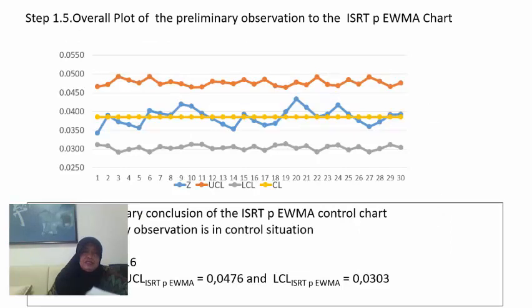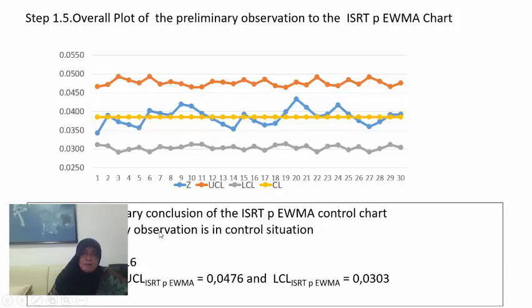Based on the result, the overall plot of the preliminary observations from June on the chart is described in this figure. From this figure, we can conclude that all data is in control.